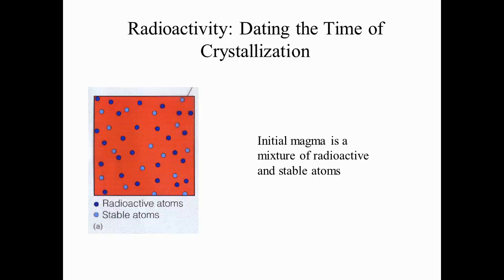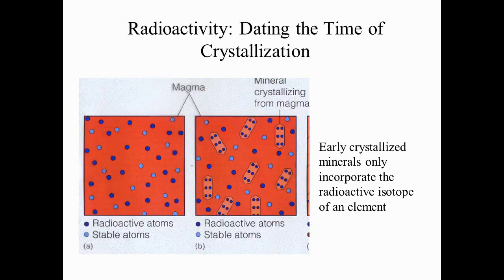Now, over time, as the magma cools, eventually the earliest minerals are going to crystallize from the magma chamber. And notice that the early crystallized minerals are only incorporating the radioactive isotope of the element, but not the stable atoms.